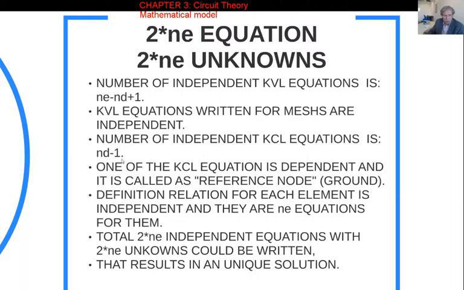One of the Kirchhoff current law equations is dependent, and that node is called the reference node or ground.